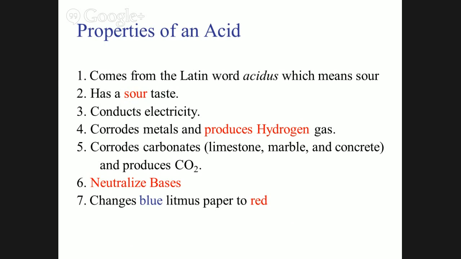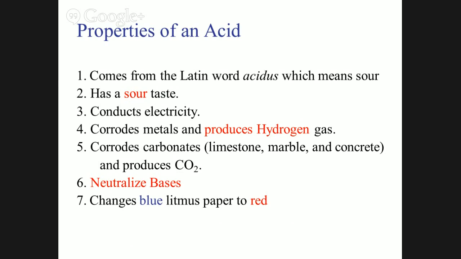Acids conduct electricity because, of course, they split into ions, hydrogen ions and the negative ions, and therefore conduct electricity. Acids corrode metals. Corrode means eats away or destroys the metals, and in the process produces hydrogen gas. And hydrogen is one of the gens, so H2 gas.